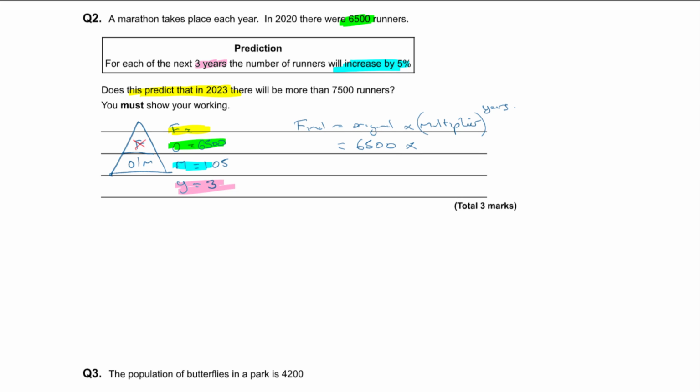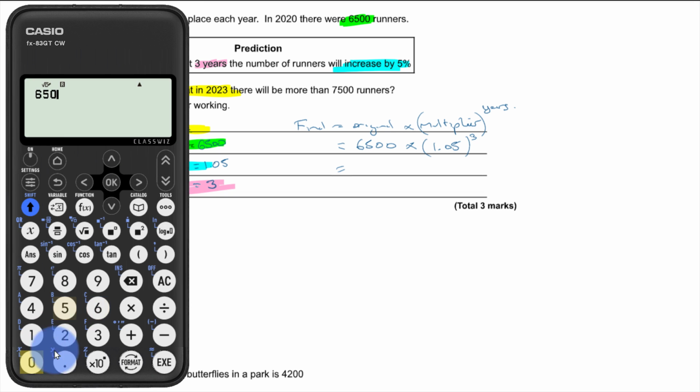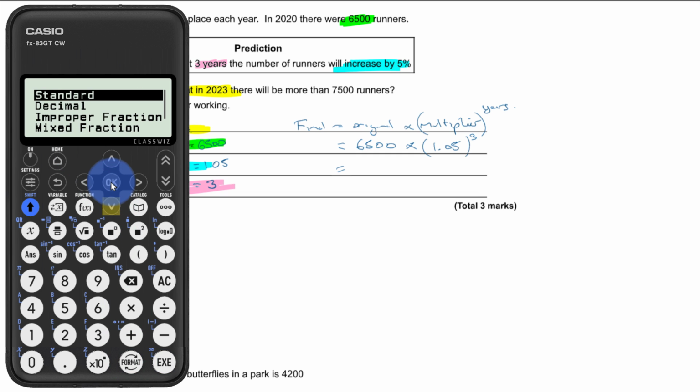The multiplier is 1.05. And the number of years is 3. So tap that into the calculator. 6,500 times 1.05 raised to the power of 3. That is giving me, what's that? 7,524.5.